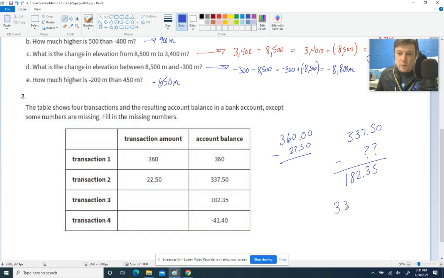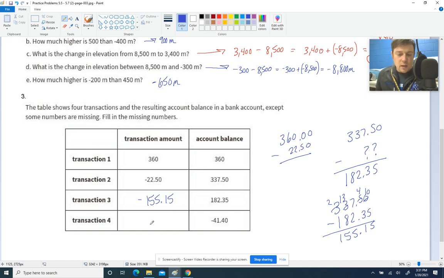So you need to do 337.50 minus 182.35. You have to do a little borrowing along the way. You borrow from the 2 or from the 3 there, make that 13, and count up. So really, they spent $155.15 for it to drop down to that point.